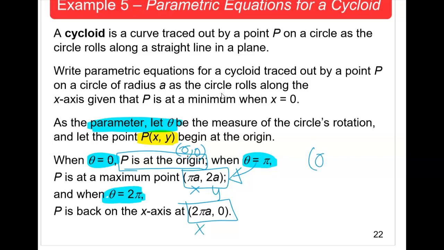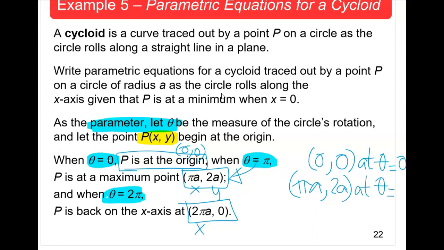So we have the point (0, 0) at theta equals 0, the point (pi a, 2a) at theta equals pi, and the point (2 pi a, 0) at theta equals 2 pi.